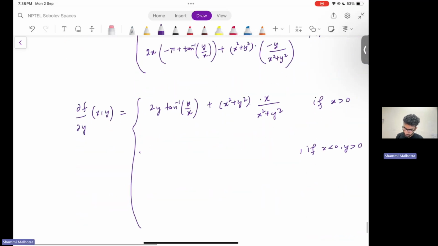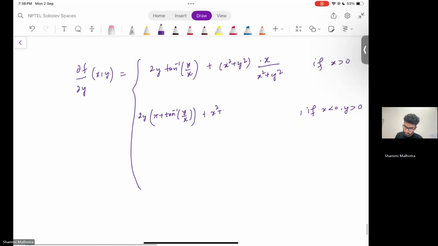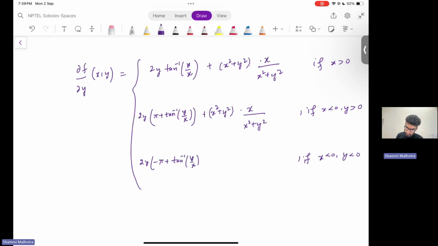So this will be twice y, pi plus tan inverse y by x, and then x square plus y square times x upon x square plus y square. And finally, the third quadrant, x is less than 0 and y is also less than 0. Then this will be 2y times minus pi plus tan inverse y by x, plus x square plus y square times x upon x square plus y square.